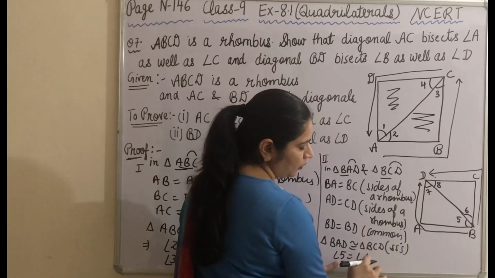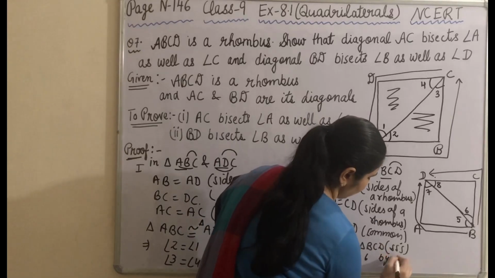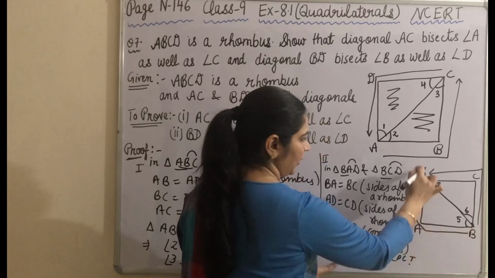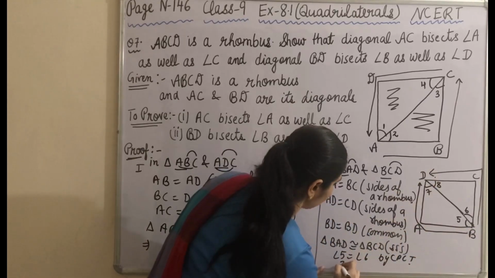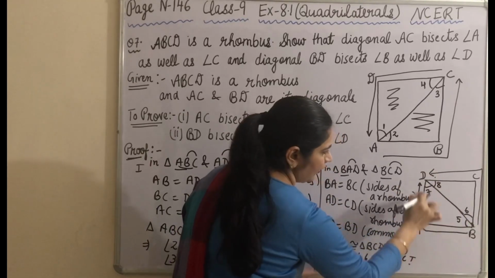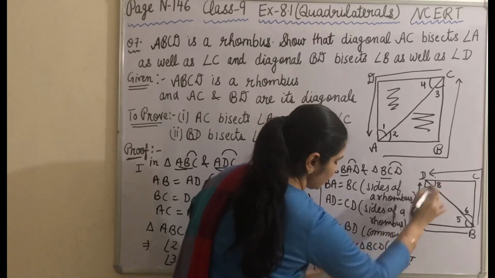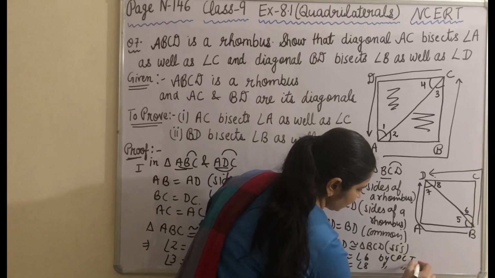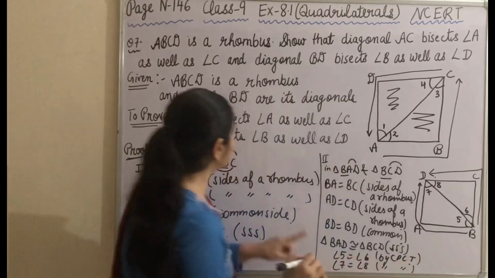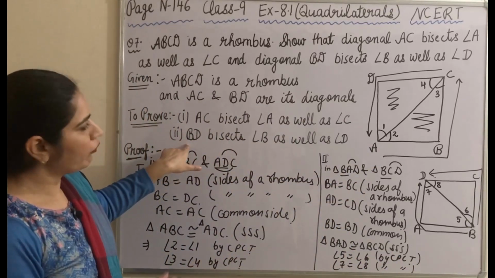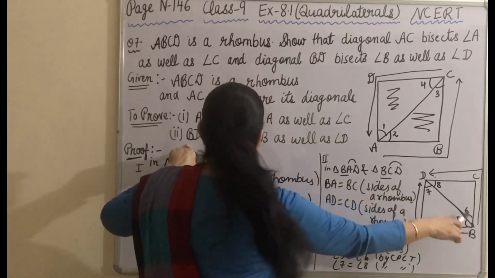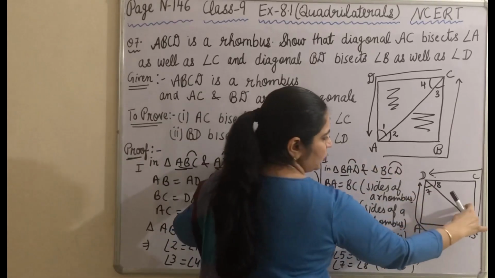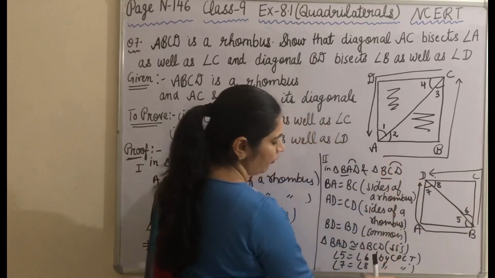Angle 5 is equal to angle 6 by CPCT. Similarly angle 7 is also lying in triangle BAD. I will write angle 7 is equal to angle 8, again by CPCT. So in the second part, the proof was that BD bisects angle B as well as angle D, meaning these two angles are equal. This was the proof of the second part.